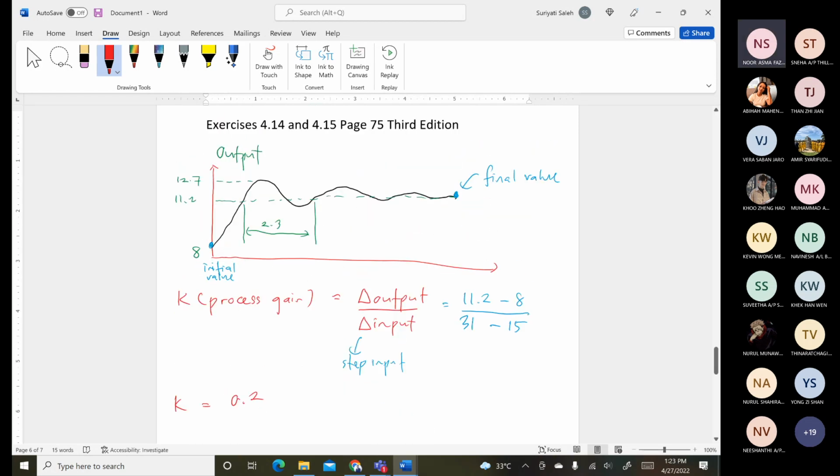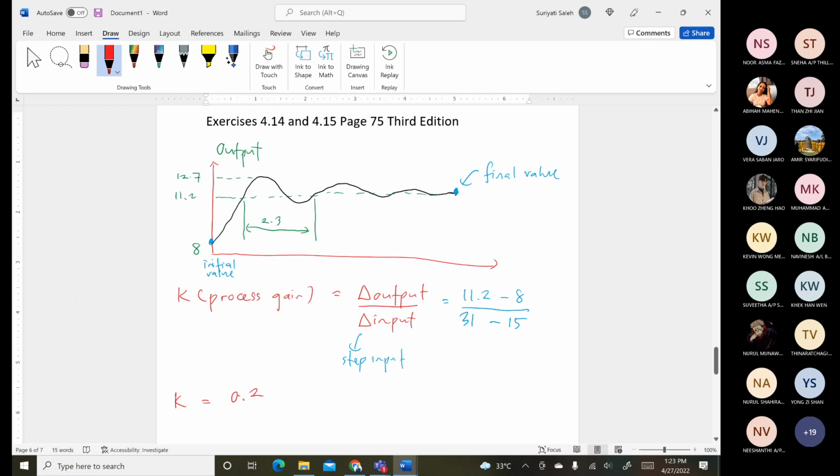So we take a look. What formula do we have? We already used 11.2. We have the 8. So this one is 2.3. 2.3 represents the period.